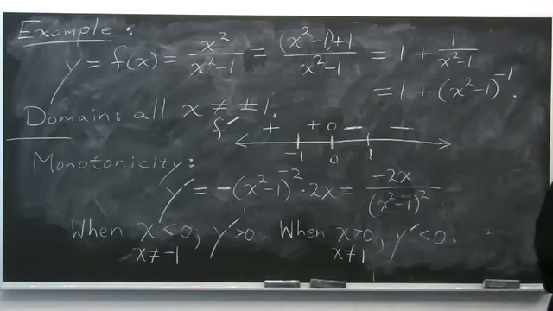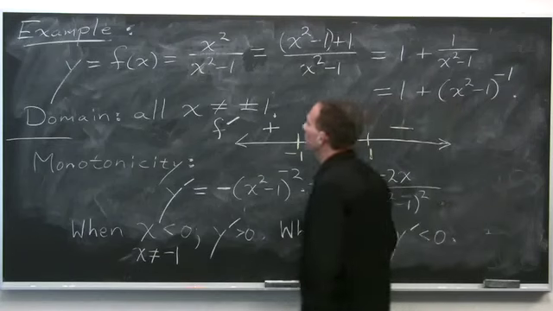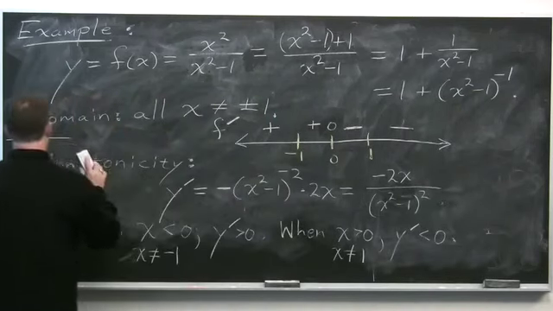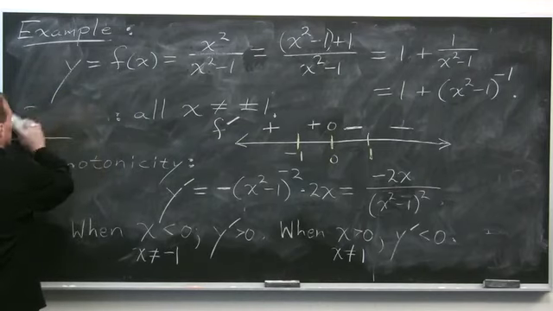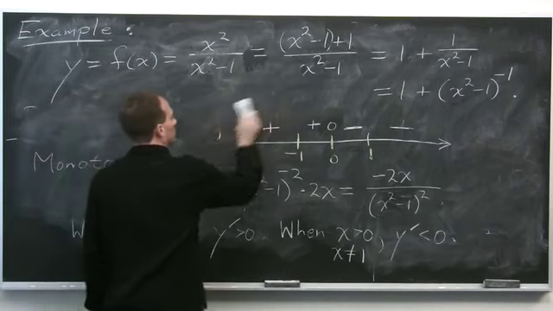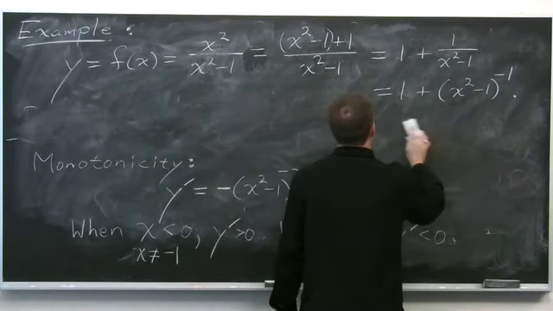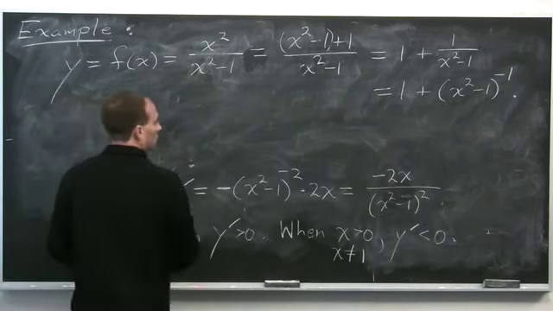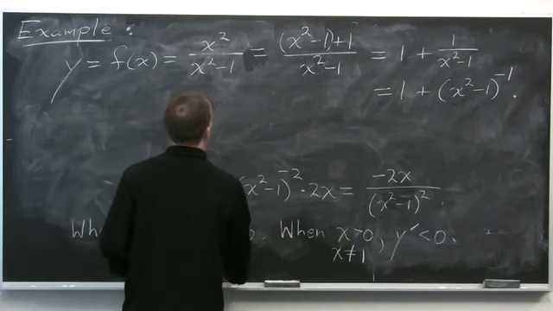All right, we need f double prime. So we want to look at concavity and inflection points. Inflection points are where the second derivative changes signs. All right, so our first derivative.